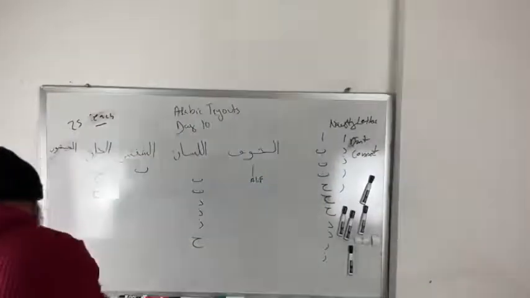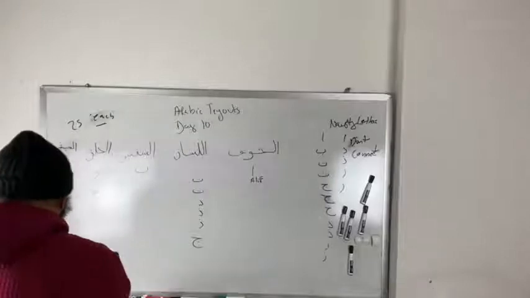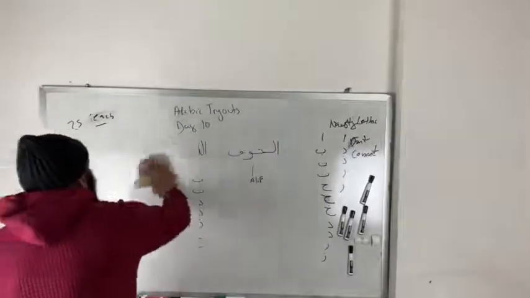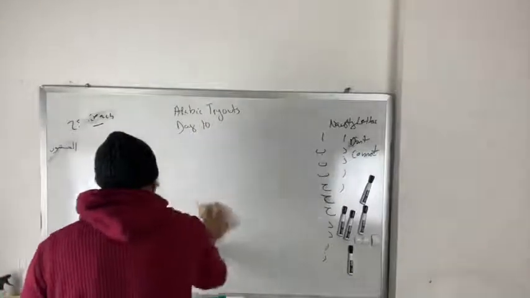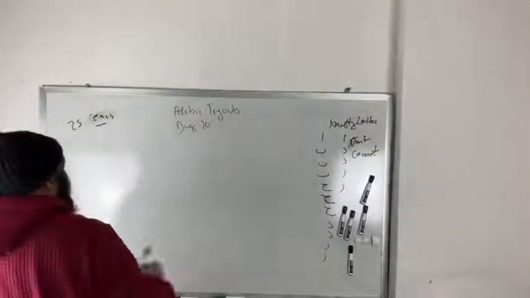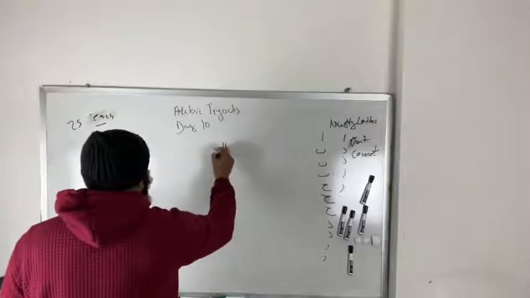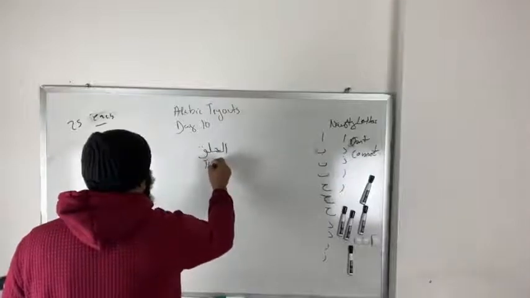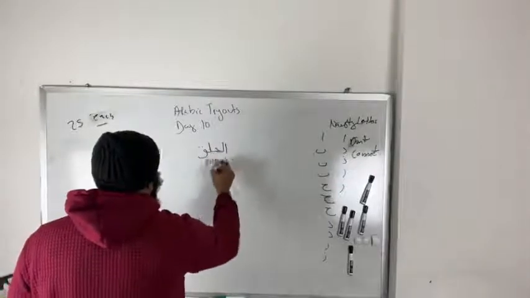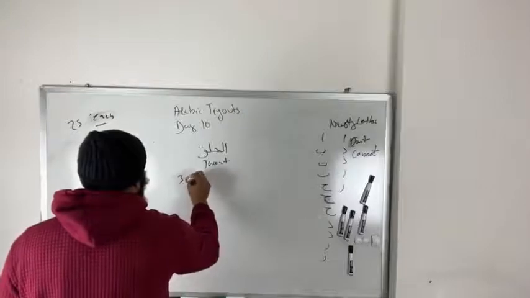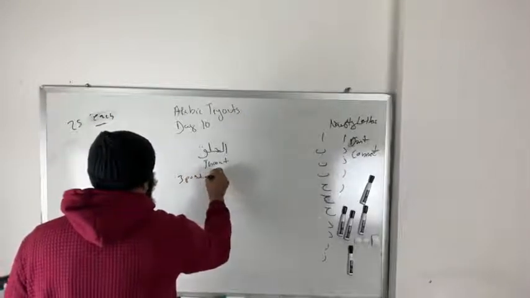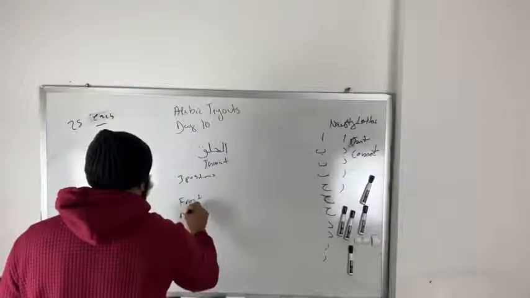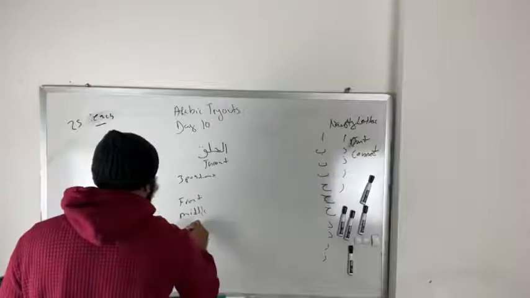Now, also a part of your notebook, what you would like to have is, after erasing these, because you pretty much should have that in your notebook. When it comes to al-halq, the throat, you should know that it has 3 positions: front, middle, and back.